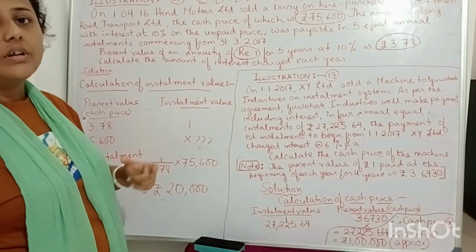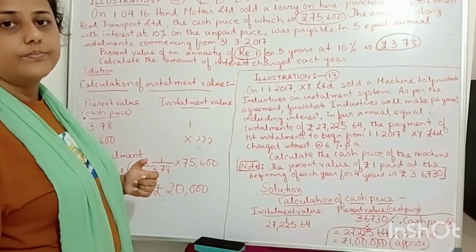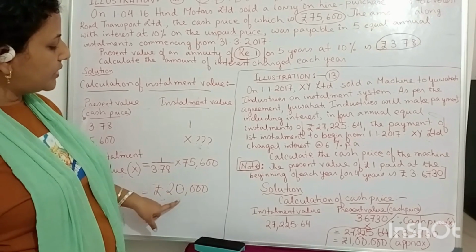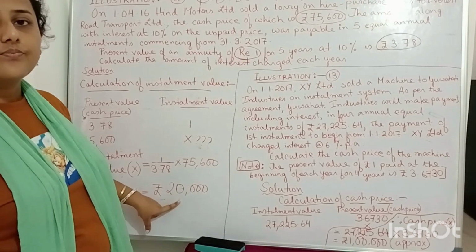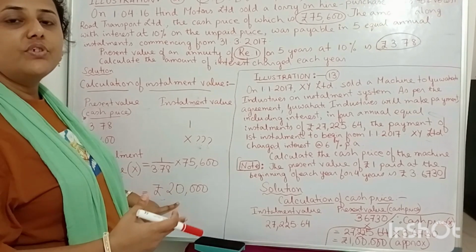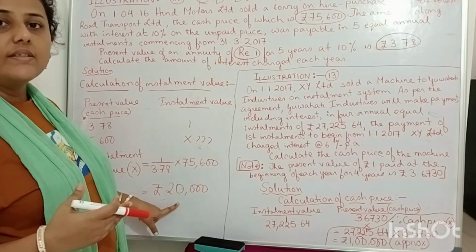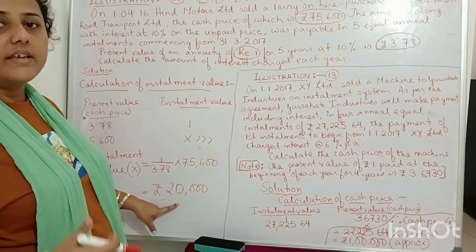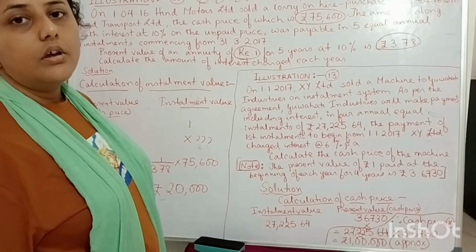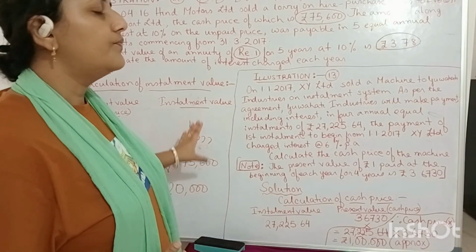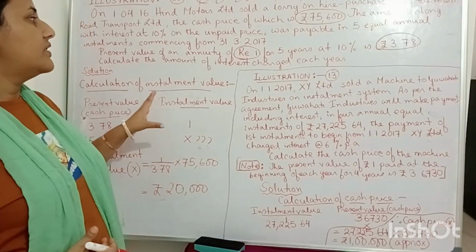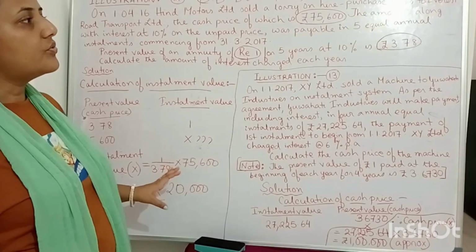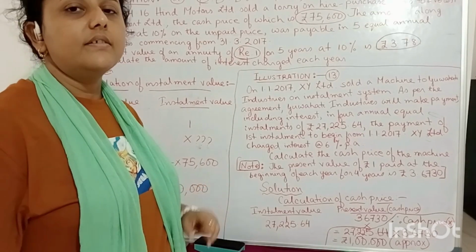You take out the interest for the first year, then less the first installment. The first installment is 20,000. Then again you add interest, then less the second installment, add interest, less the third installment. This is how you have to take out the interest charged each year. There are 5 years, and I have done the interest calculation.